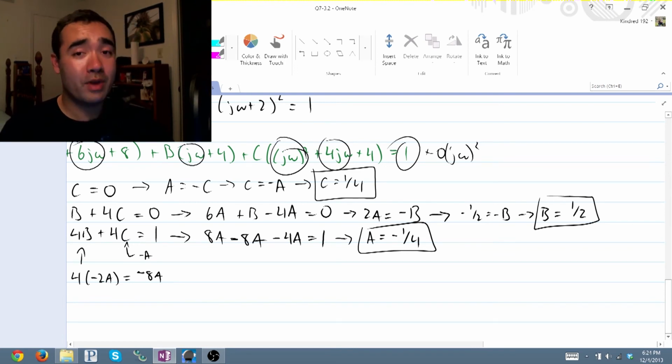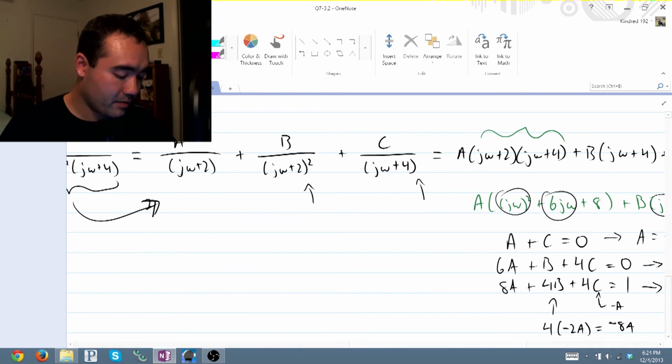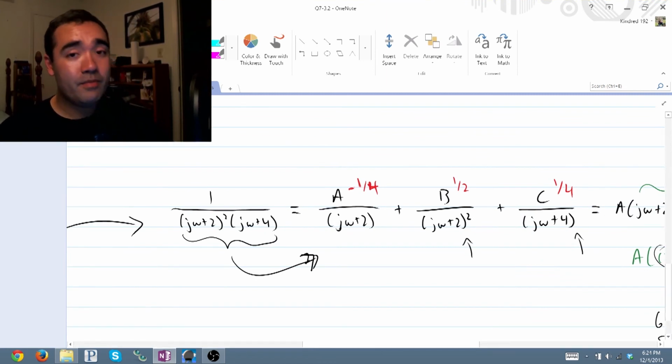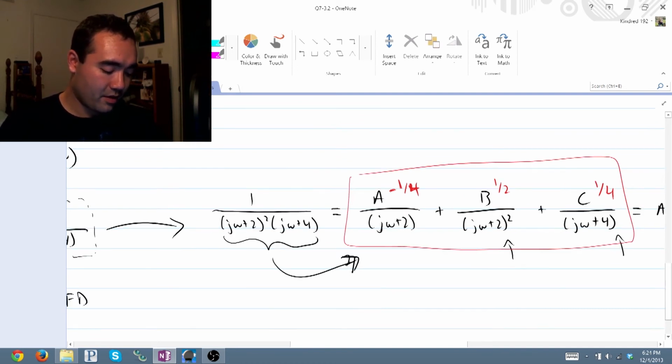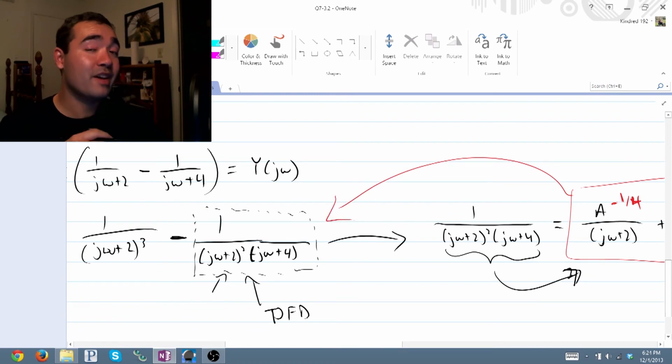We can take all three of these and plug them back in right here, so we have negative 1/4, 1/2, and 1/4. And we can take these three values and send them all the way back to the expression that we were trying to simplify. So this is our answer, or our replacement for that.